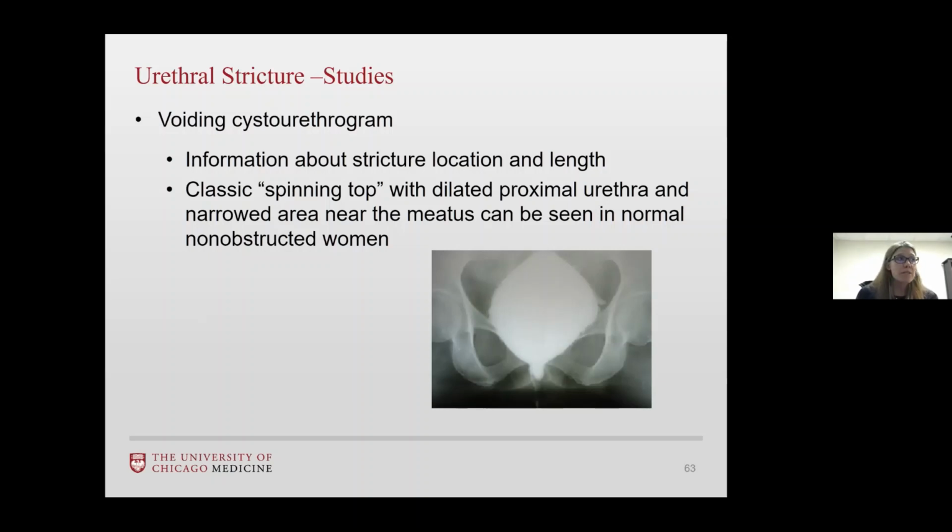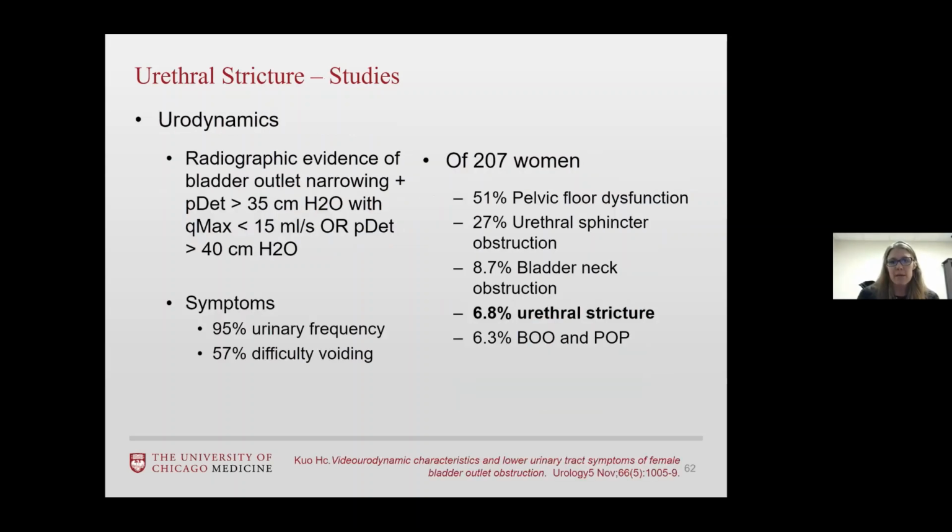Now, one of the things to consider is what is the etiology? So going back to that, it can be pelvic floor dysfunction. I mean, 51% was that. And you can also have detrusor sphincter dyssynergia. So I think it's really important to take a good history, do a good pelvic exam to assess their pelvic floor, find out, have they had prior surgeries before?